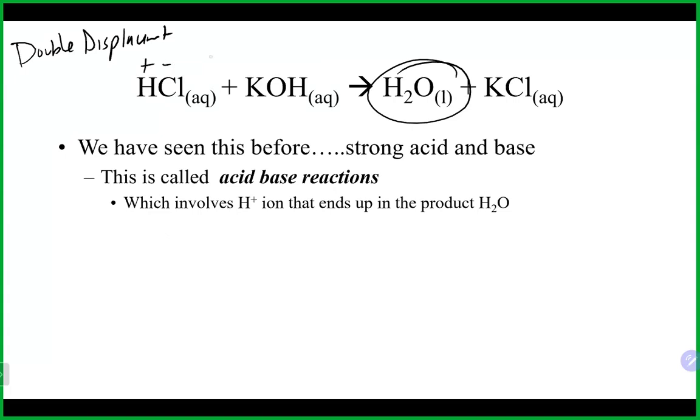So we have two ionic compounds, once again, going to switch partners, making our water and our salt. And remember, our salt's basically where we have our spectator ions found in this case.